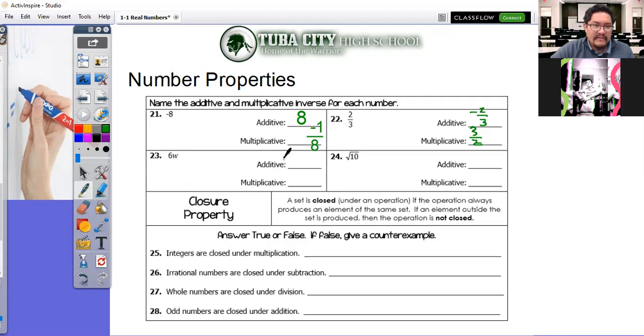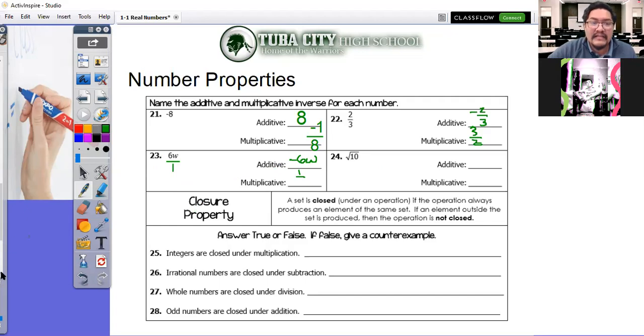All right, 6W. With this one here, what do I need to add or even subtract from 6W to get 0? Well, I would just minus 6W. And for multiplicative, in this case, it has a whole number. So what we can do is make it into a fraction by putting a 1 under it, or just imagine it.